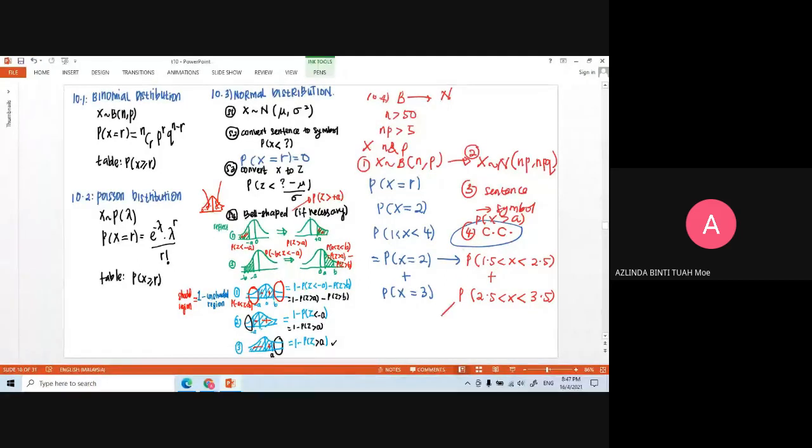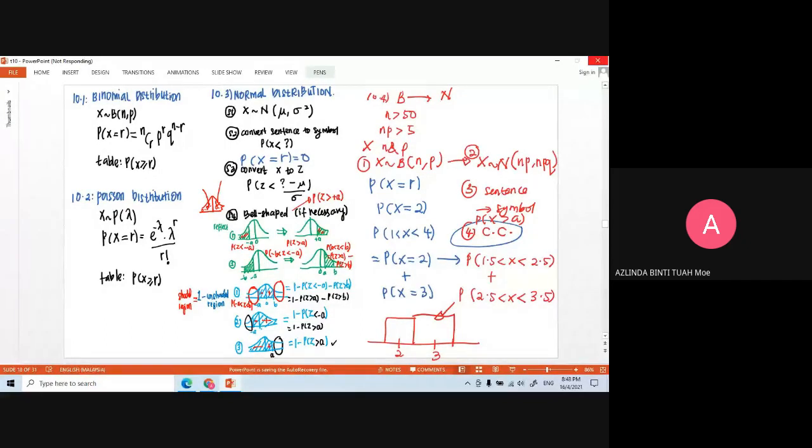Di situlah munculnya method box method. Katakan sini 2, kita akan tambah dan tolak 0.5. Sini 3, tolak dan tambah 0.5. Okay, box method ni wujud daripada definition penukaran integer pergi ke decimal number disebabkan binomial itu discrete dan normal itu adalah continuous.